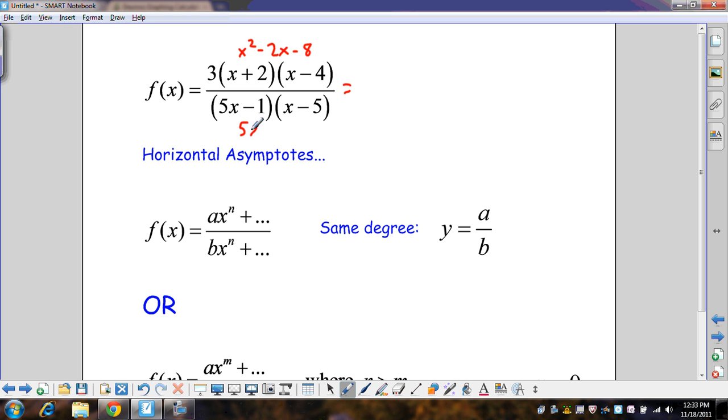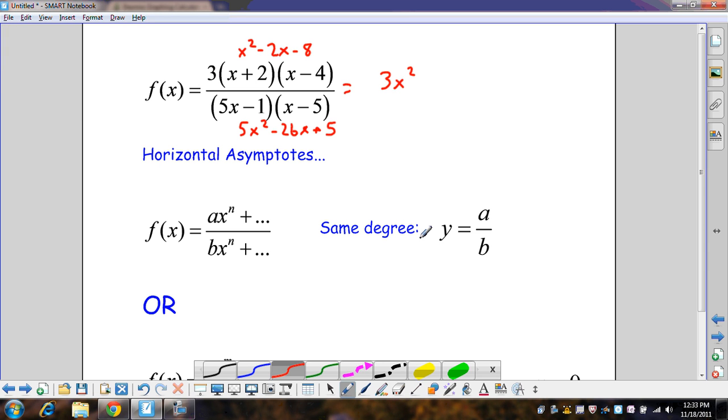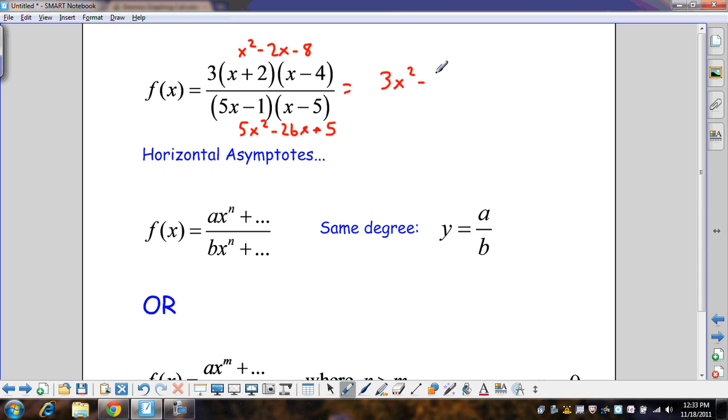So I get x squared minus 2x minus 8. And on the bottom, I would get 5x squared minus 26x plus 5. On the top, I'm now going to distribute that 3 that was out in front, so I end up with 3x squared minus 6x, sorry about that, let me erase that there.